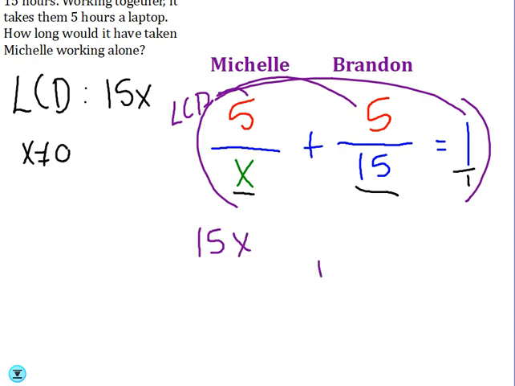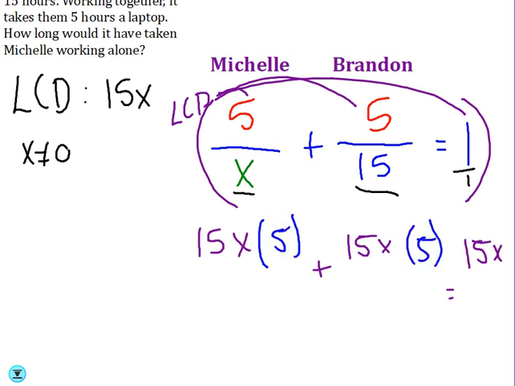15x. I'm just going to go ahead and write it out. 15x times 1. This was 5 over x, 5 over 15, and everything was over 1.